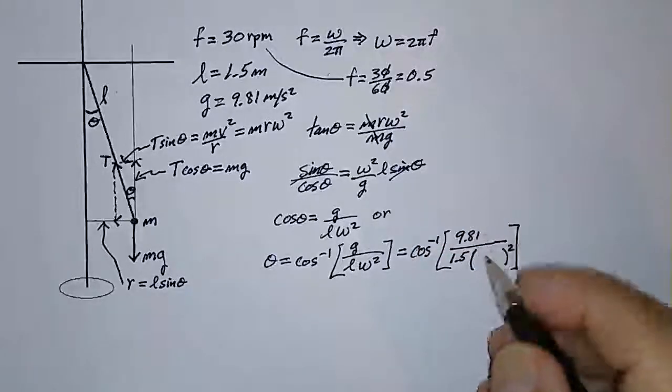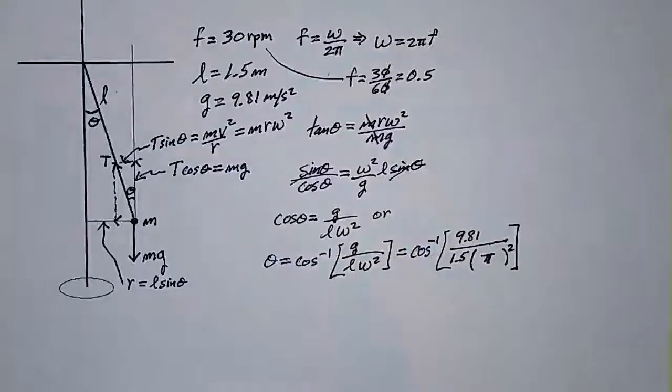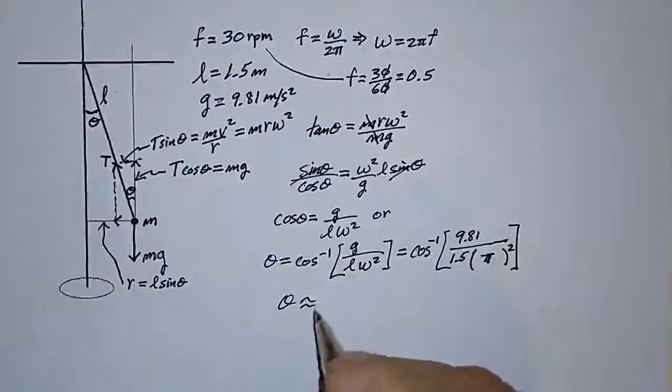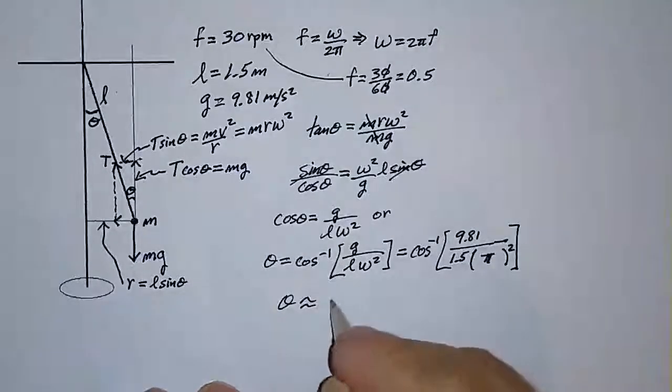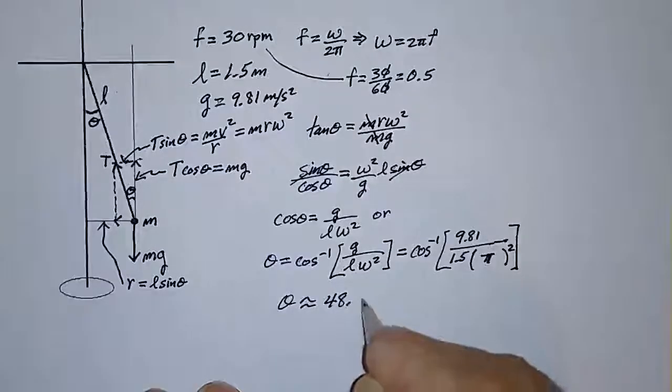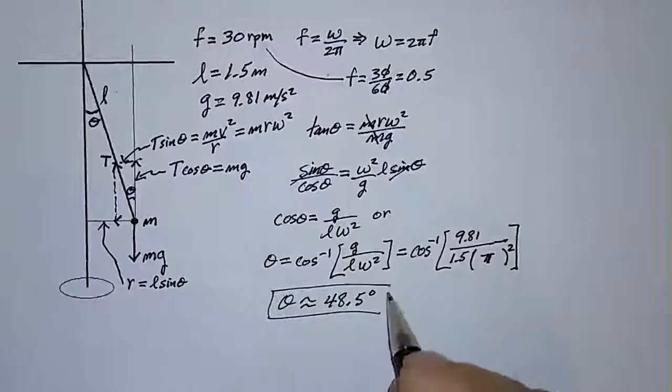So this is just pi squared. And that means then that theta is approximately equal to, once you put this in the calculator, about 48.5 degrees. That's how you solve that.